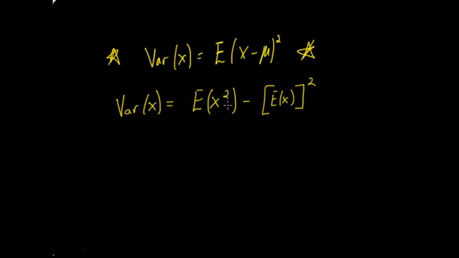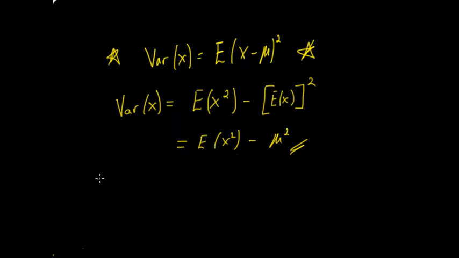If we talked about previously in the expected laws, when you square all the terms first and then you find the average or the expected value, that's different from finding the expected value and then squaring it. So another way you can write that is expected value of x squared minus the mean squared. And so you use this formula more when you have a table value, and then you can calculate it.